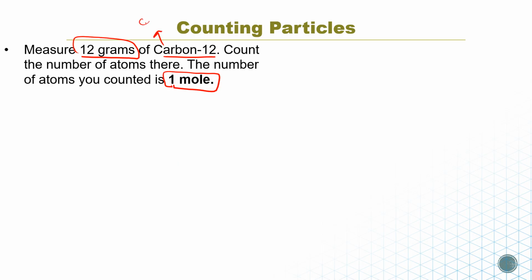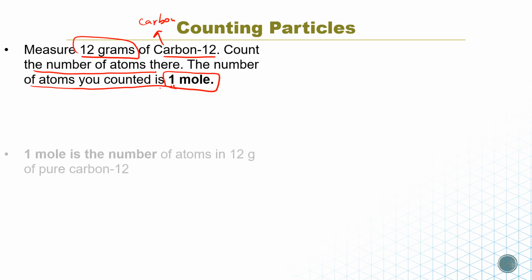They measured 12 grams of carbon 12. Do you know carbon? Yeah. They measured 12 grams of the carbon and they counted the number of atoms there. The number of atoms that was counted is equal to 1 mole.